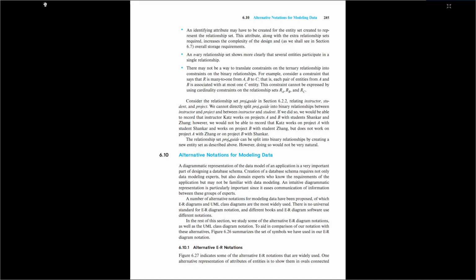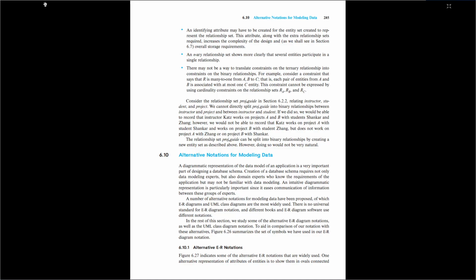If we did so, we would be able to record that instructor Katz works on projects A and B with students Shankar and Zhang. However, we would not be able to record that Katz works on project A with student Shankar and works on project B with student Zhang, but does not work on project A with Zhang or on project B with Shankar. The relationship set proj_guide can be split into binary relationships by creating a new entity set as described above. However, doing so would not be very natural.